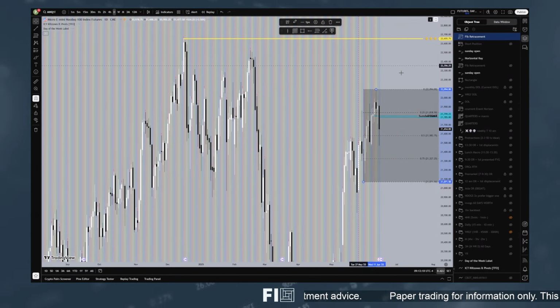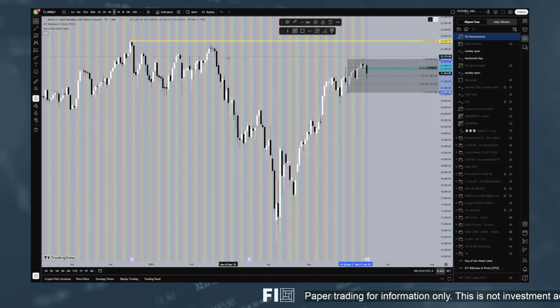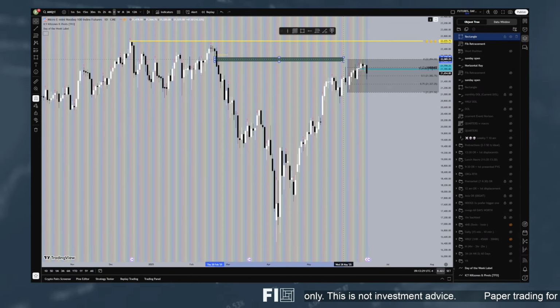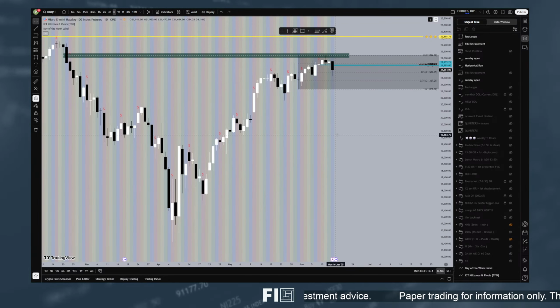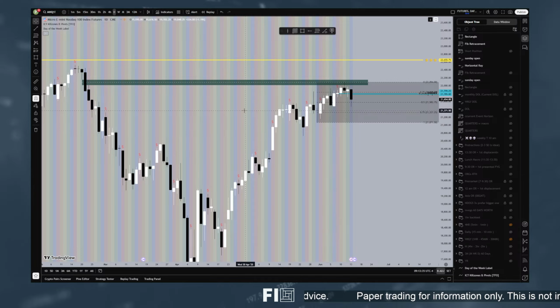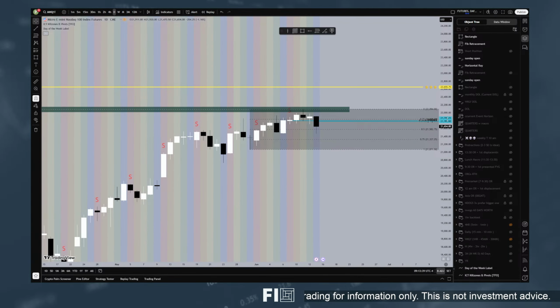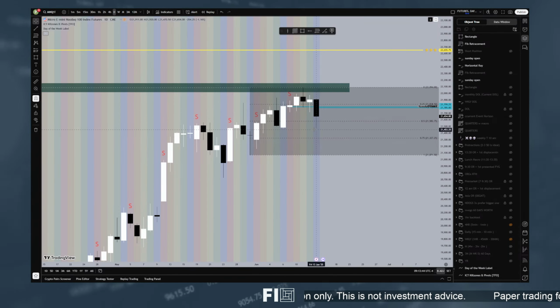And something I saw here in the markets was that we were reacting off this higher time frame SIBI, excuse me, and we kind of just wicked up here. Formed our swing high. You'll see that 1, 2, 3 broke down lower.